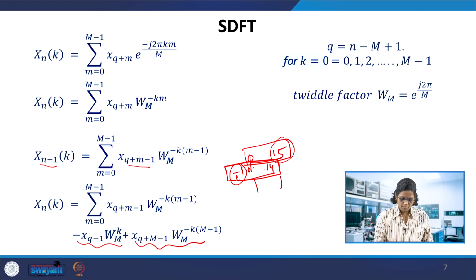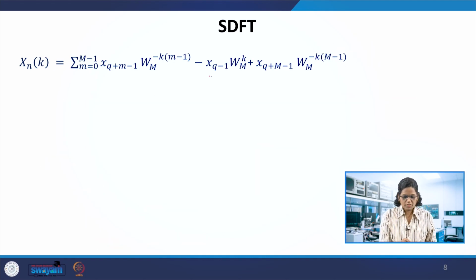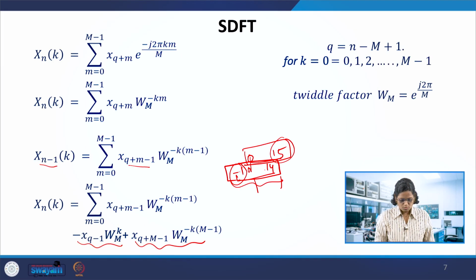So from this, the nth instant DFT, that is the current window 0 to 15, can be found by using the previous instant DFT and subtracting this, and further simplification results in the summation here. W m k is a simplification, and this one becomes 1.